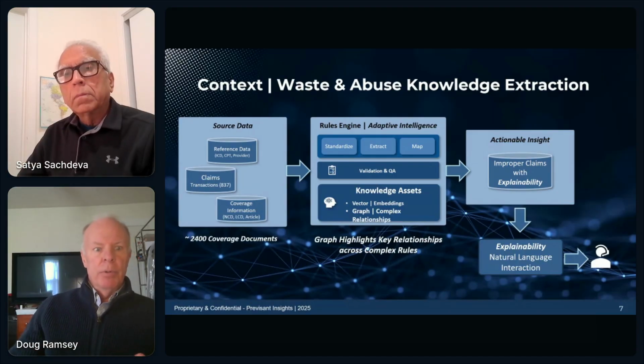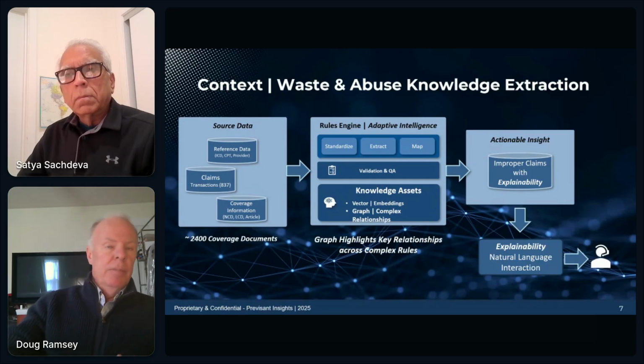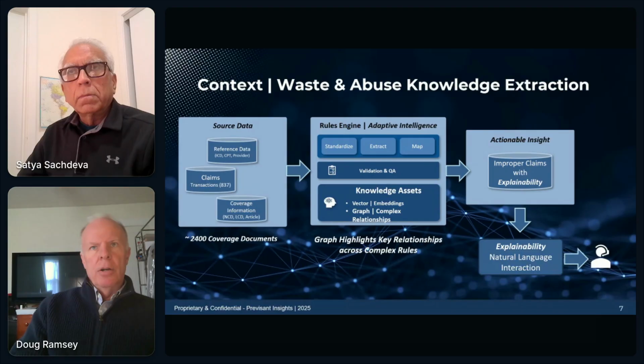You have to be able to explain what was wrong. You have to be able to rationalize that back to a provider that may have done it incorrectly, likely by accident. So that explainability component here is really key. And then we're just illustrating a call center application where, again, if we're doing a natural language interface, the ability to navigate back and forth is a part of the ecosystem as well.